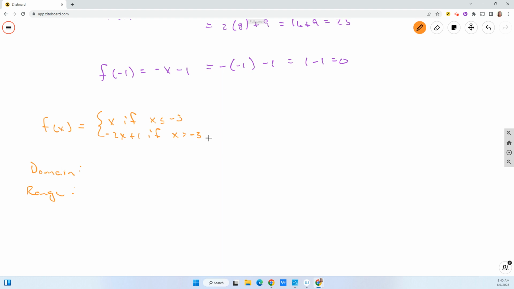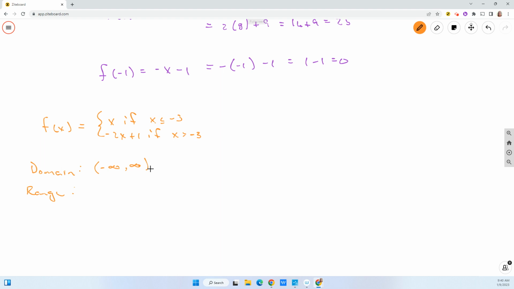This one says x is greater than negative 3. So it starts at negative 3 and gives you everything in the positive direction. So you've pretty much covered all real numbers. So you could say that the domain, when they're together, goes from negative infinity all the way to infinity, right? There's no real number that you can't plug into it.